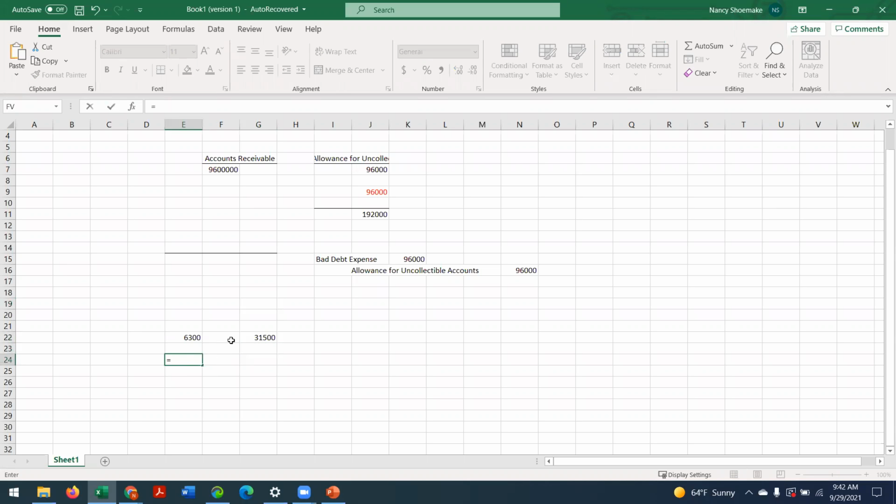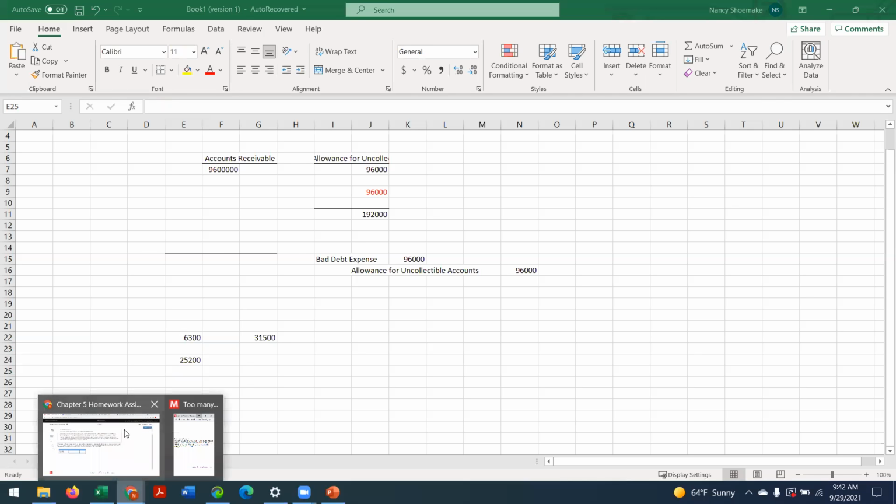So wouldn't we show that the effect of what we showed versus what should have been shown was a difference in net income of 25,200 and a difference in assets of 25,200?